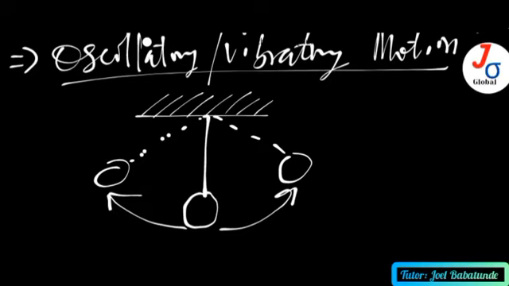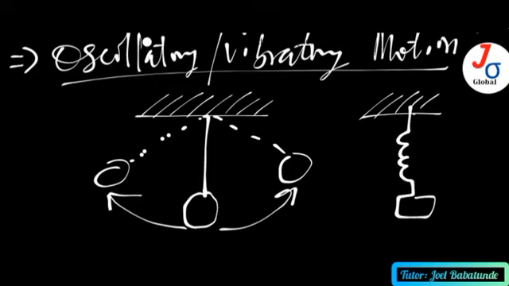Another example is the vibrating of a mass on a spring. So you take the mass down, then when you put a mass on this spring, the object will go up and down, up and down. So this is a vibratory motion.